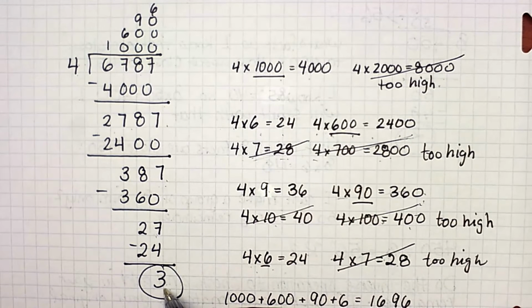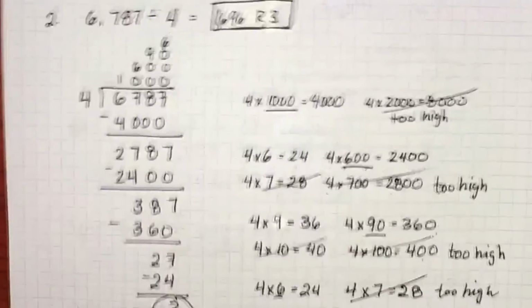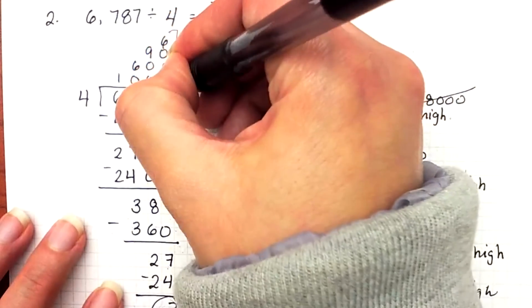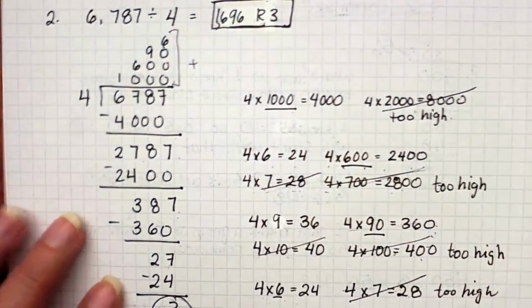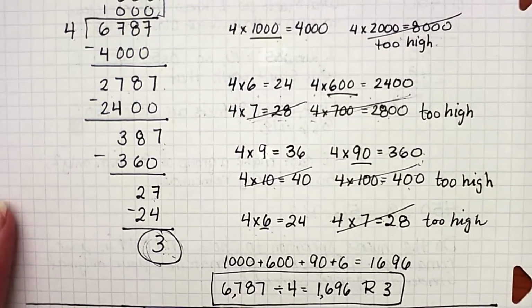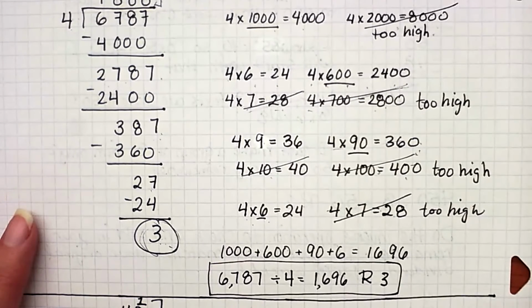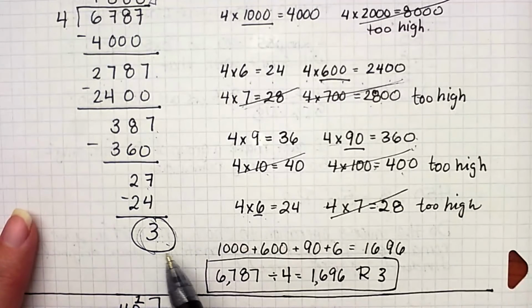So 3 is going to be my remainder here. There's no groups of 4 in 3. I can't divide 3 between 4 equal groups. So what I have to do next is I need to add all of my partial quotients. So 1,000 plus 600 plus 90 plus 6 is 1,696 with a remainder of 3.